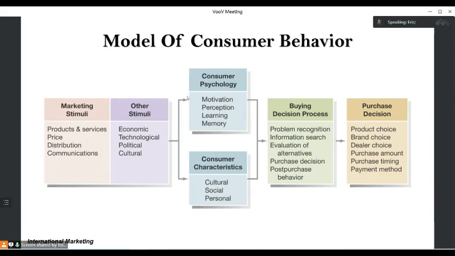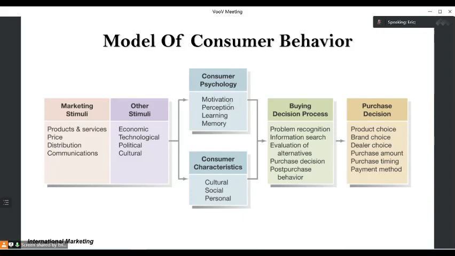Also, the deep part of this process is the consumer psychological factors. It's difficult, but in a lot of circumstances, we find that the psychological thing is very important, is essential.